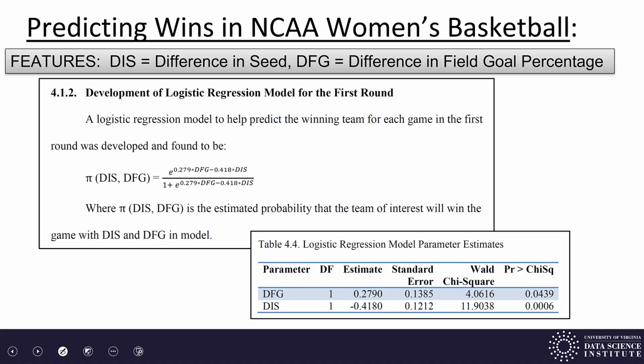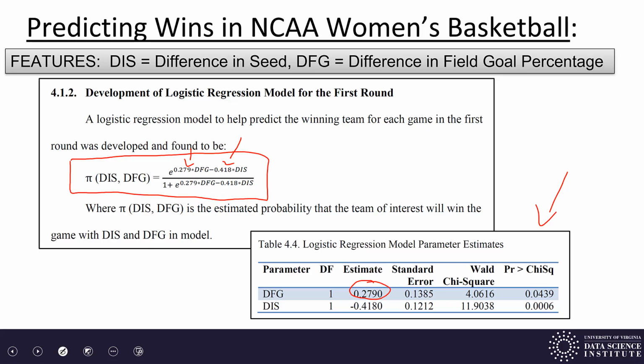And so this is an excerpt from the paper. This is their logistic regression formula. Here are their coefficients for their 2 different feature variables or input variables, DFG and DIS. And then this is their information about that logistic regression and the parameter values. And you'll see DFG right here.